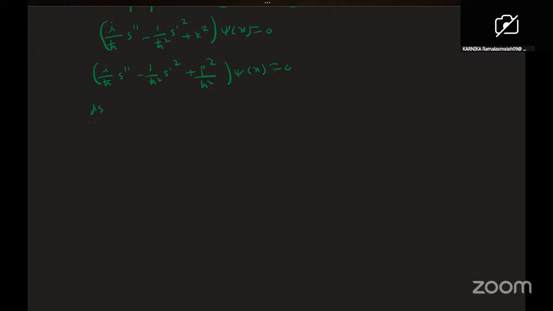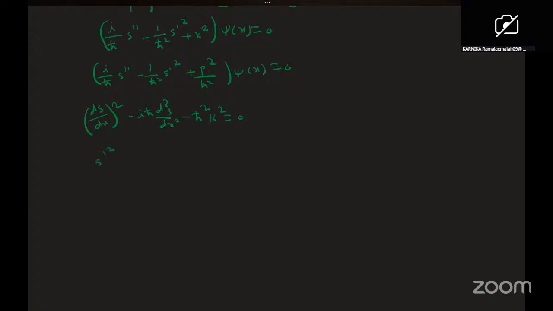ds by dx whole square minus i h cut d square s by dx square minus h cut square k square is equal to 0.